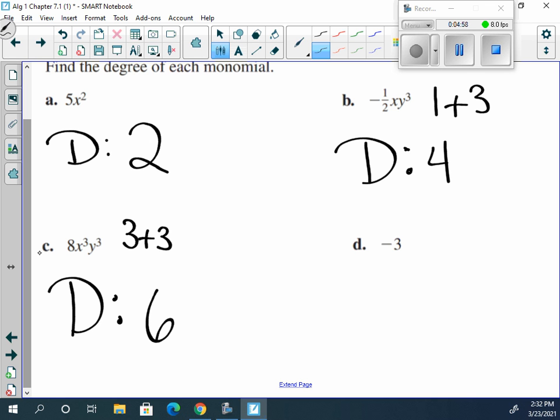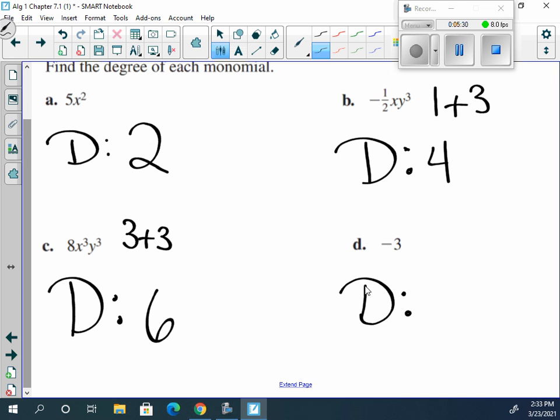Any questions on these so far? All right. What's the degree for this last one here? It wouldn't be -1 because all of our degrees is connected with the exponent with the variable.